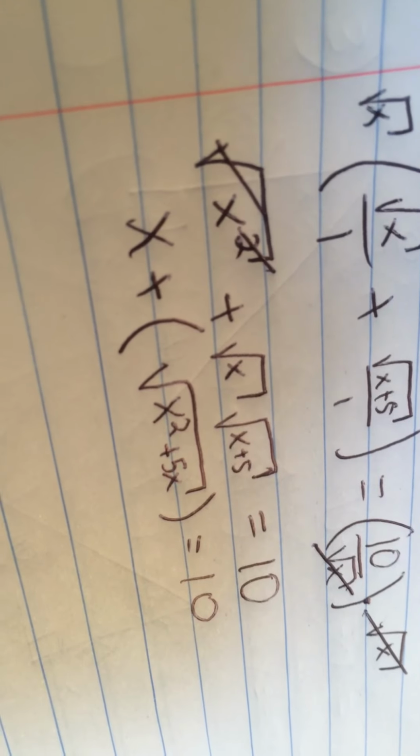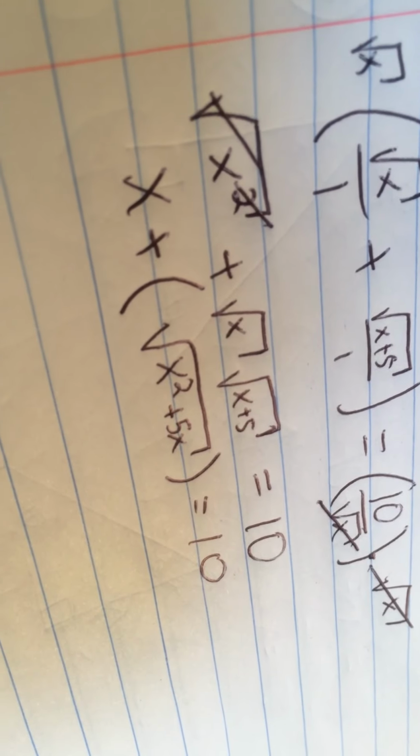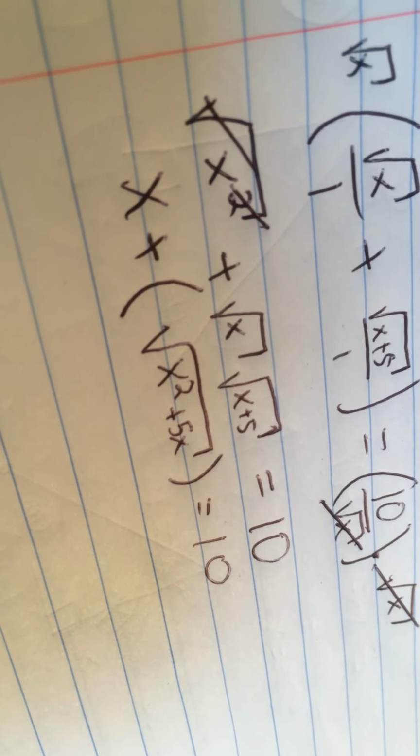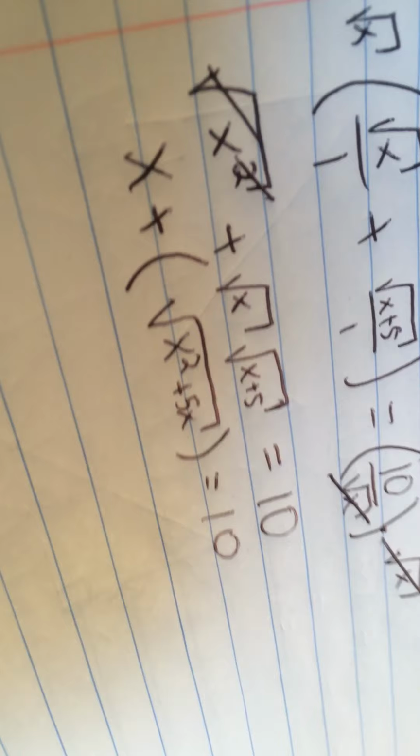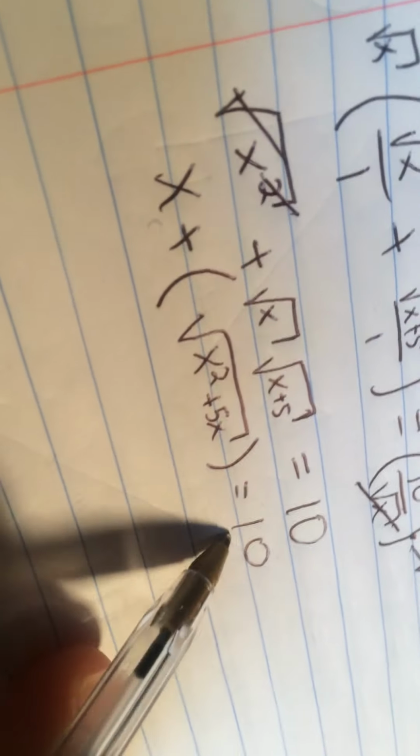Now what do we do here? Since we need to eliminate that square root, we're going to move the x to the other side. X squared plus 5x is equal to 10 minus x, because this x is positive, it moves to the other side negative. Now we elevate to the square.